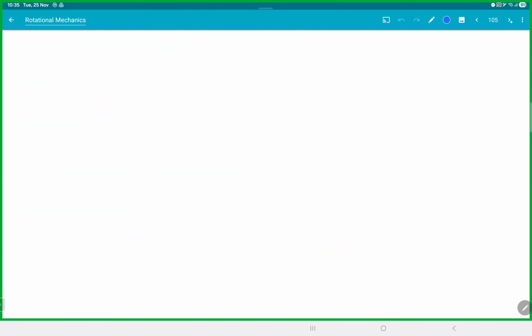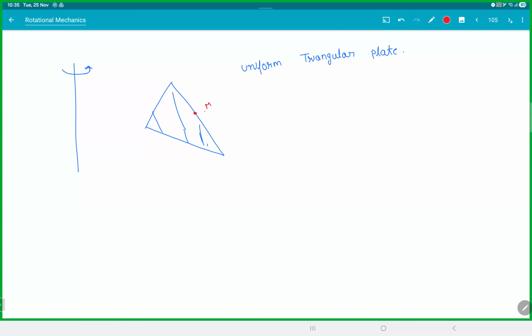And other than this, there is one more theorem which gives you good results, but we'll not do the proof. We don't need it. So if you have a triangular plate, you can actually use this for any polygon. What this theorem says is that the entire plate is replaced with mass m by 3 at the center of the sides.